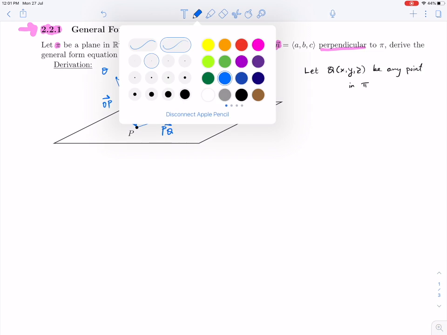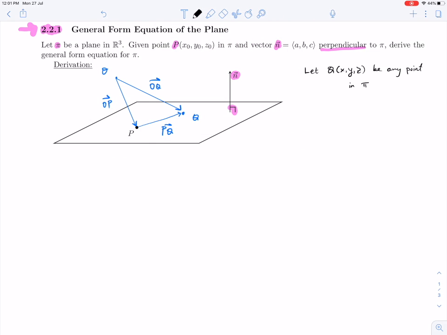So we've got our point Q here, we've got our vector PQ, and what do we notice? Well, vector PQ has to be perpendicular to the normal vector if it's in the plane. And if that's the case, you learned in your previous section on vectors that the dot product of those two has to be 0. And we know that with a tip-to-tail relationship, we can say PQ is OQ minus OP, dotted with n gives us 0.